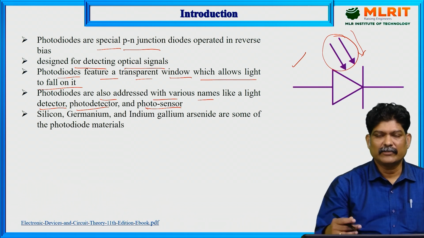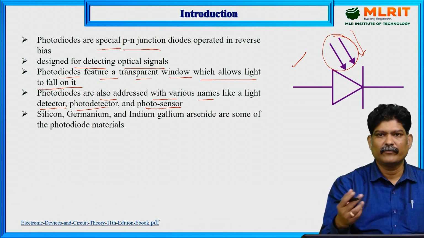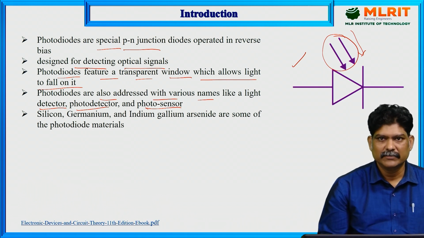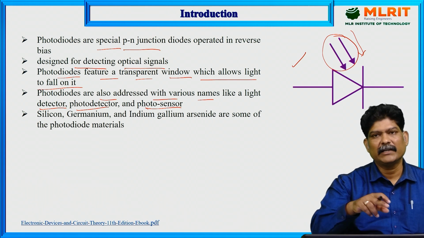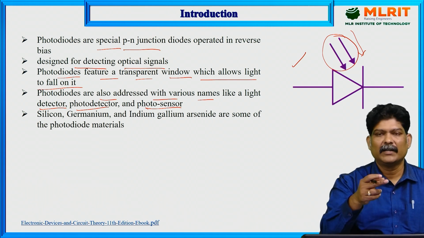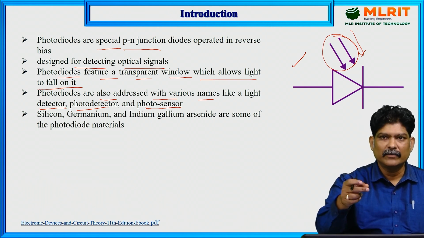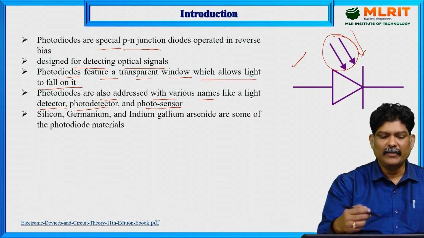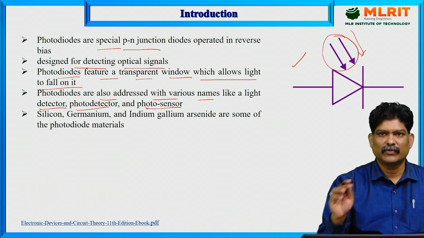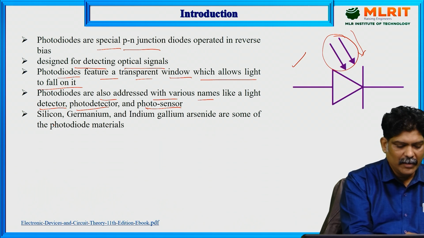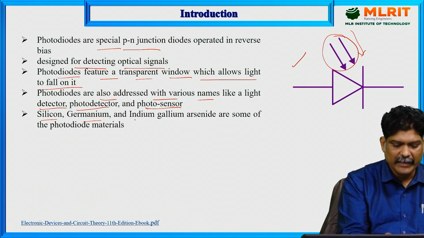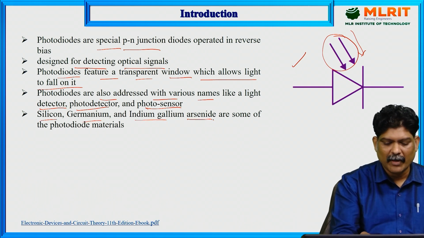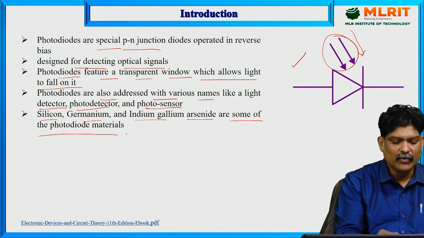Of course, there is a difference between photodetector and photodiode. Photodiodes are again classified into PN type photodiode, PIN diode, and other types. Three types are there, but mainly we focus on the overview of the photodiode only. Silicon, germanium and indium gallium arsenide are some of the photodiode materials.